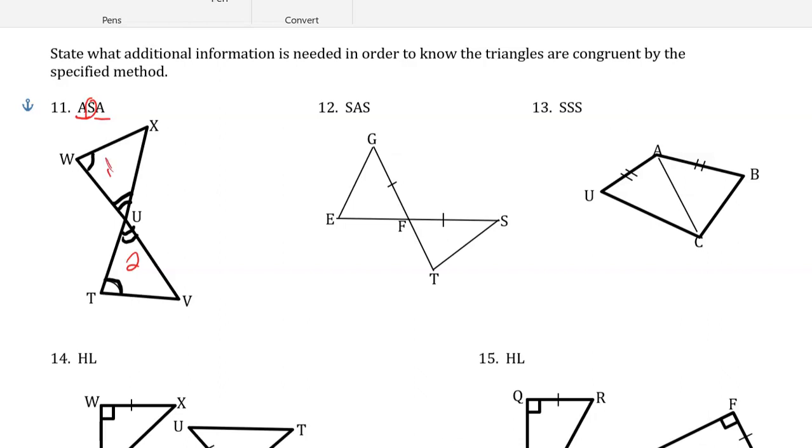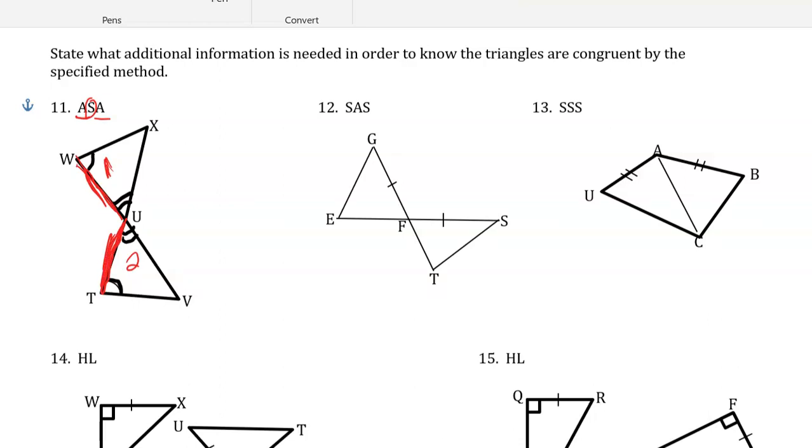So if you look at triangle number 1, the side for triangle number 1 in between those two angles is this side. And if you look at triangle number 2, the side that is in between these angles is this side. So what would have to happen is this side here and this side here would have to be congruent to each other.